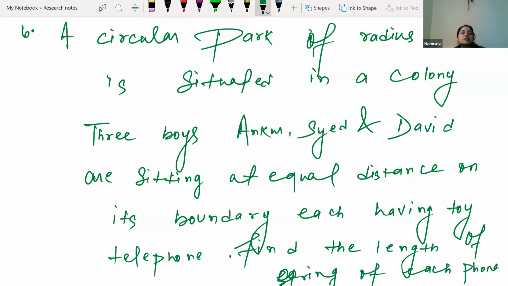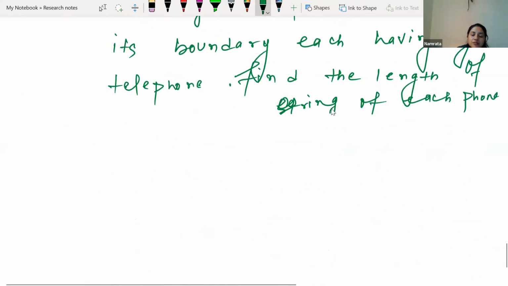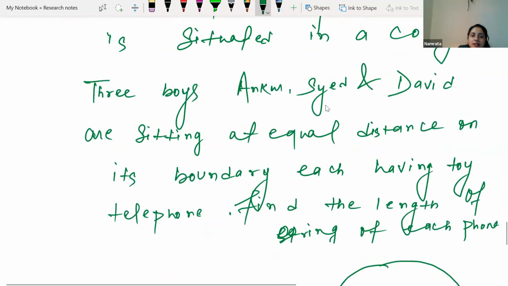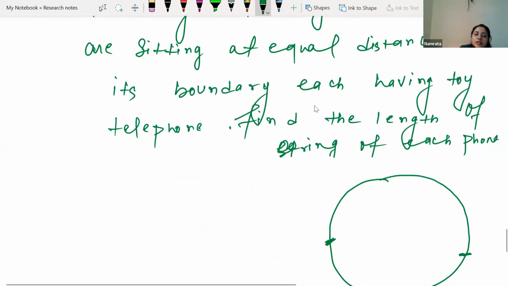Okay, a circular park is there whose radius is given, is situated in a colony. Three boys are sitting at equal distance on its boundary. So basically, the figure will look like this. A circular path will be there and three boys are sitting. Let's say this is one of the boys, this is another boy, and this is the third boy. The names of the boys are Ankur, Sayed, and David.